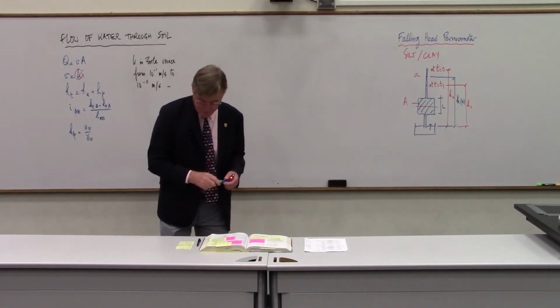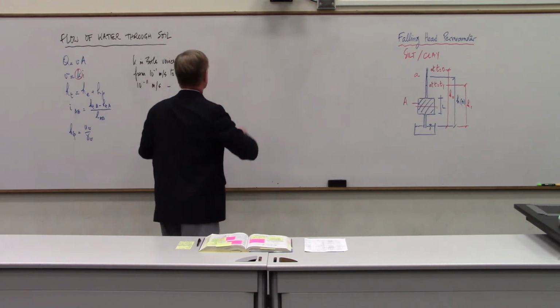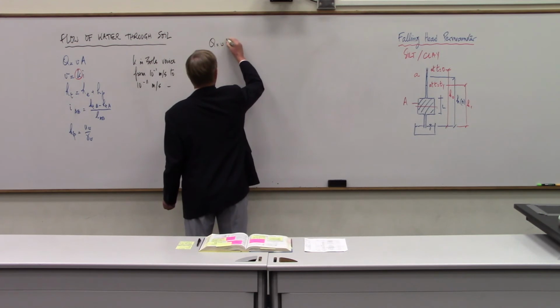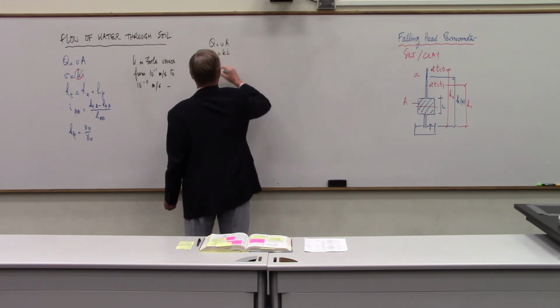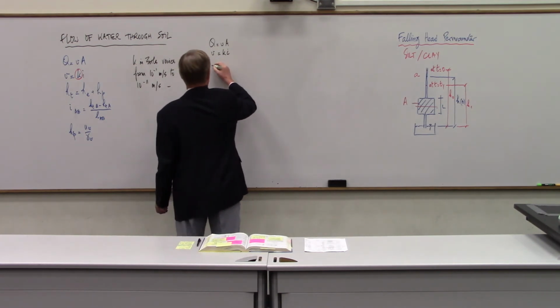So first of all, remember we have Q equals VA. We have V equals KI, and we have I equals loss of total head.